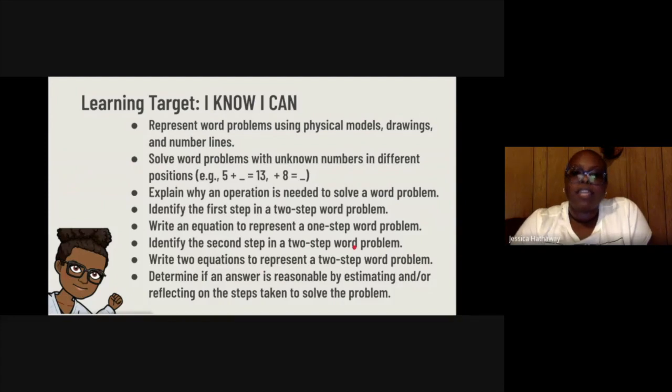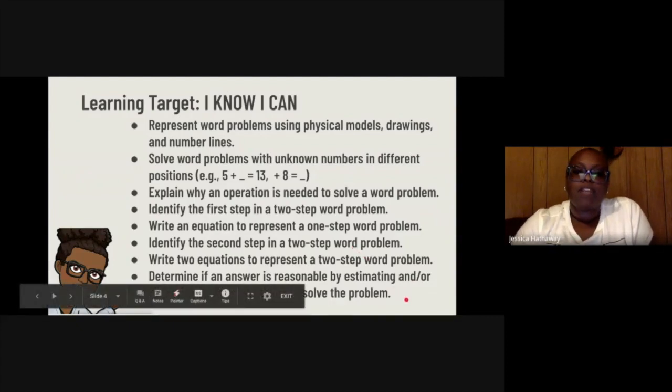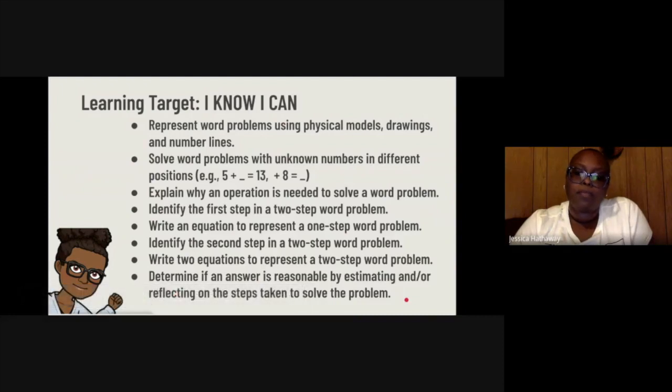I know I can write an equation to represent a one-step word problem. I know I can identify the second step in a two-step word problem. I know I can write two equations to represent a two-step word problem. I know I can determine if an answer is reasonable by estimating and or reflecting on the steps taken to solve the problem.